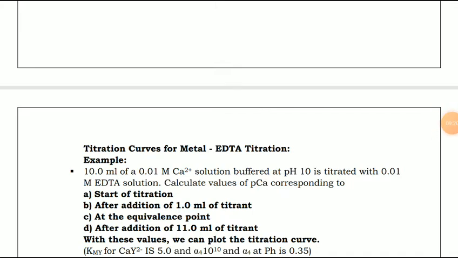In this case, Y means what? The EDTA, that means the whole molecule of the EDTA, they have put here Y only. When calcium forms a complex with EDTA, it will replace the sodium, and here will be acquired a 2- charge.